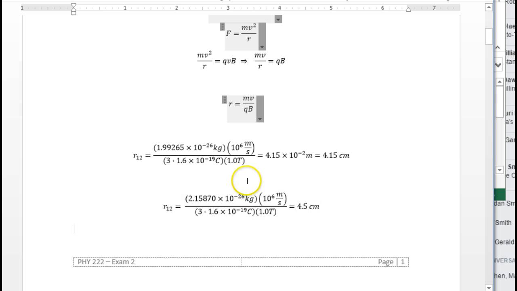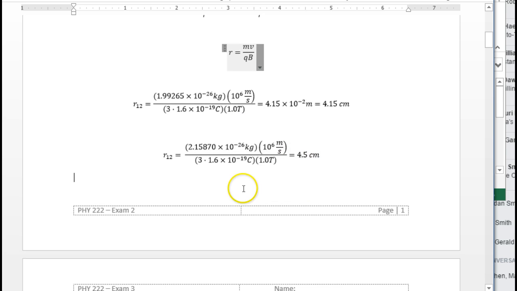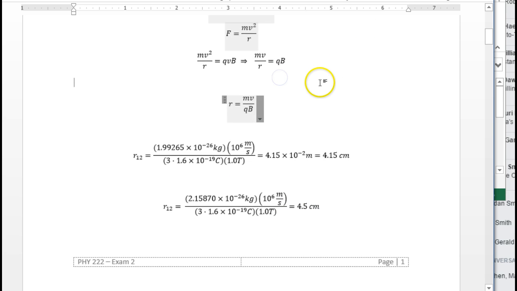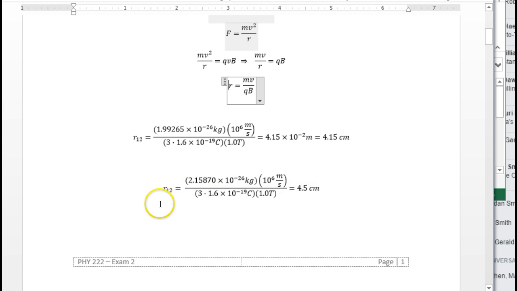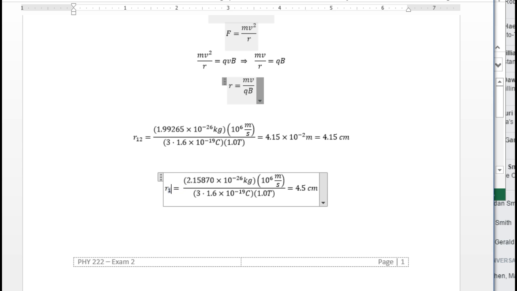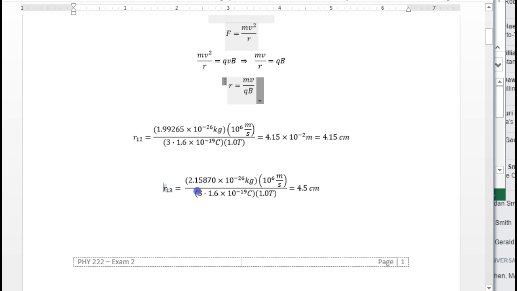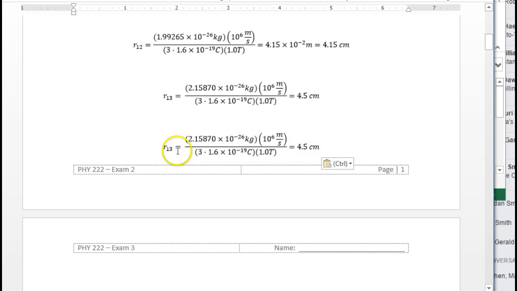Okay, and then for the final one, oh, I'm sorry, that was R13. All right, copy all of this. R14.